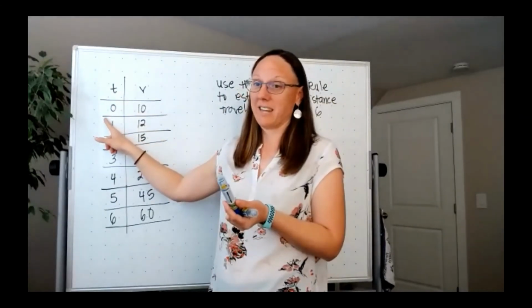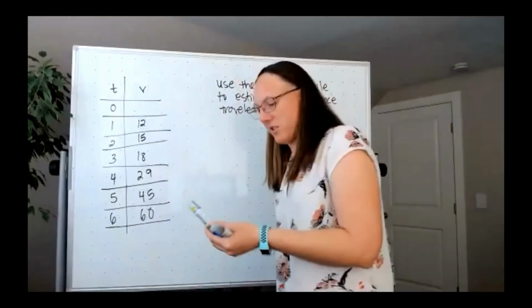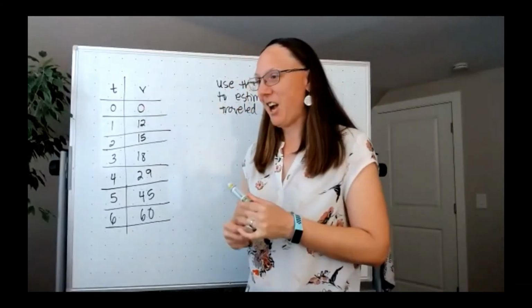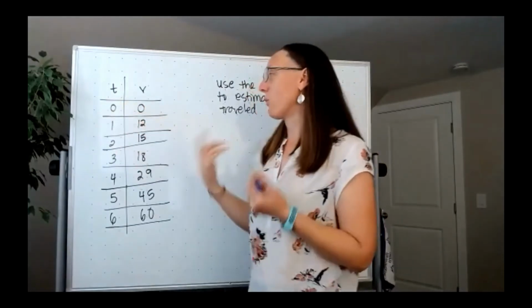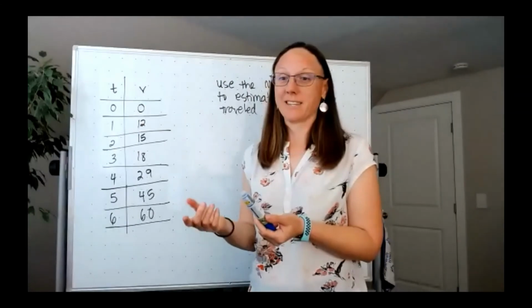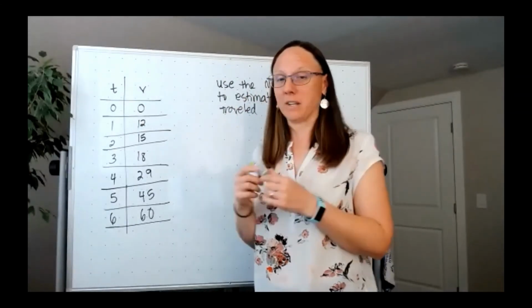I only have these data points at, and actually, let me say that our velocity started at 0 just for no good reason. So my intervals are 1 second intervals, but I'm actually going to have to break this into 2 second intervals in order to have a midpoint.